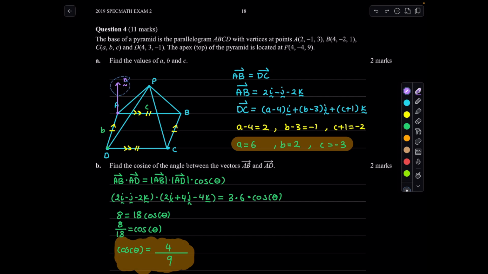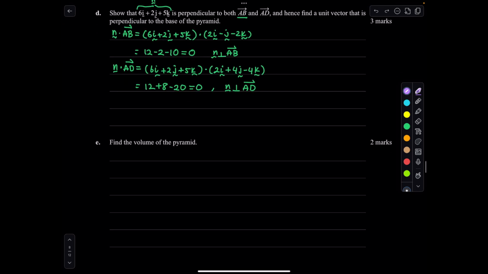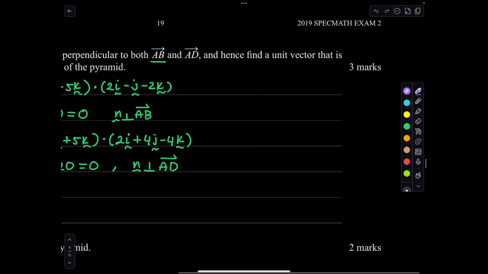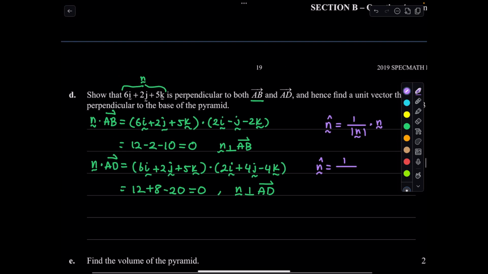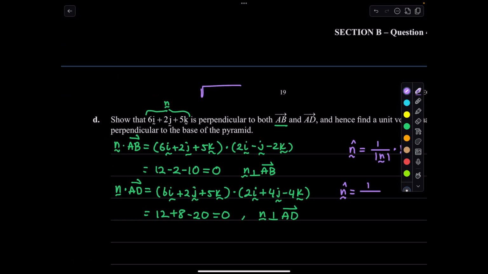But remember, this is a directional vector. We want a unit vector, which is quite easy to get. The unit vector is 1 over the magnitude of n, times n itself. So what's the absolute value of n? 6 squared is 36, 2 squared is 4, 5 squared is 25.